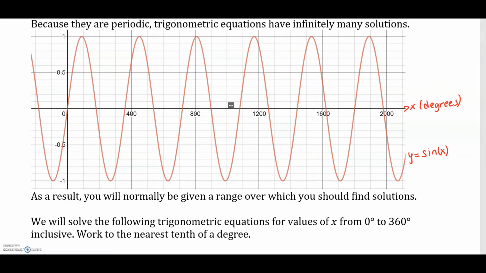If we mark 0.6 on our y-axis, we want all these values of x where the value of y is equal to 0.6. And you can see because sine of x is a periodic function, there would actually be an infinite number of solutions. And the one that was found in our calculator is this very first value of 36.9 degrees.